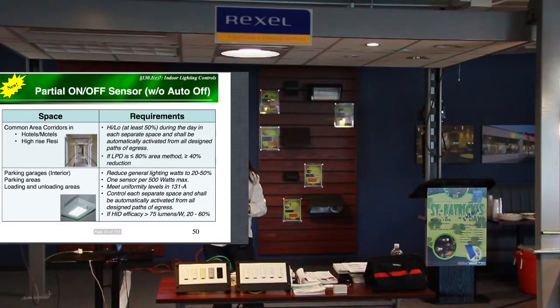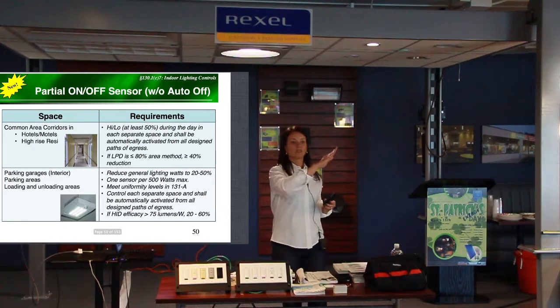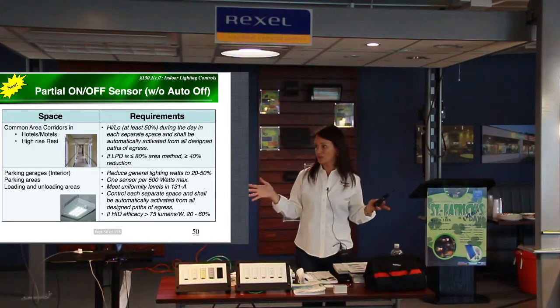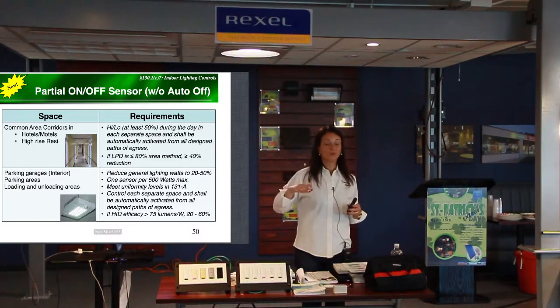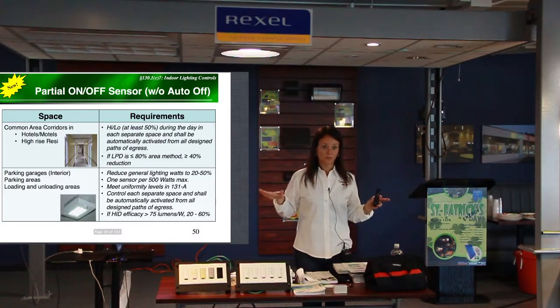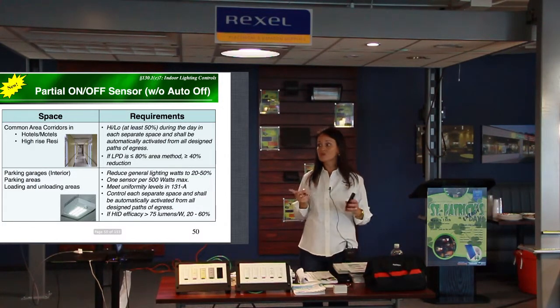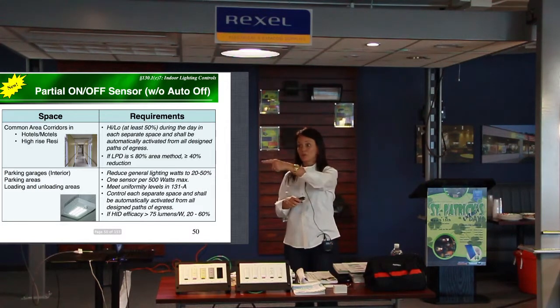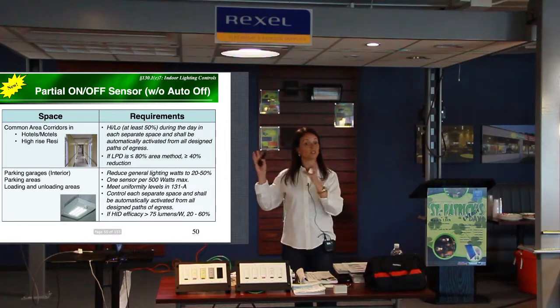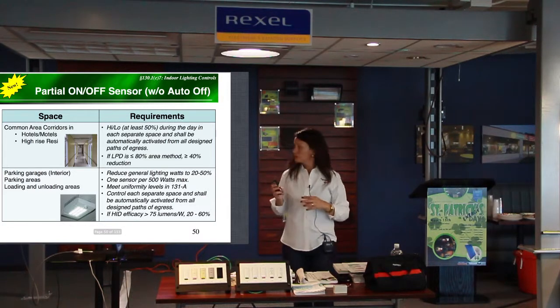There's a limit of 500 watts max per sensor. So we will see more fixture-based types of controls in those parking garages. Large parking garage areas need to have bi-level control and never turn off. The only areas they are allowed to turn off are daylit areas in the perimeter of the parking garage. That goes in the daylighting requirements.